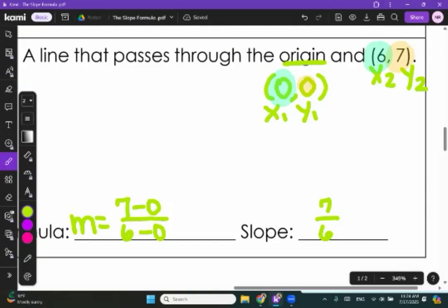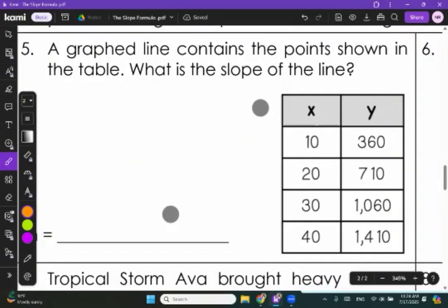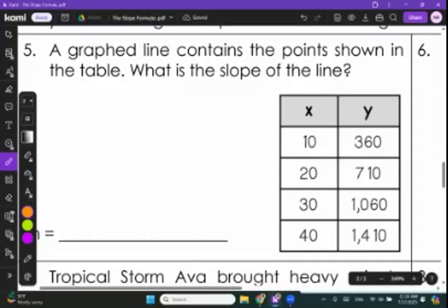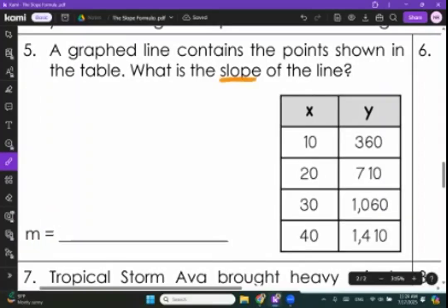Turn the page. How would we see these questions in a STAAR setting? Let's look at number 5. A graphed line contains these points shown in the table. What is the slope of the line? Well, this one actually asks us outright, what is the slope of the line?